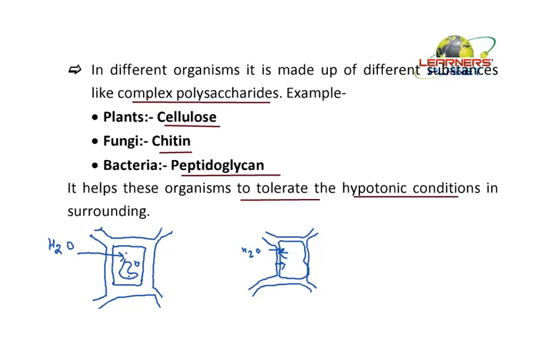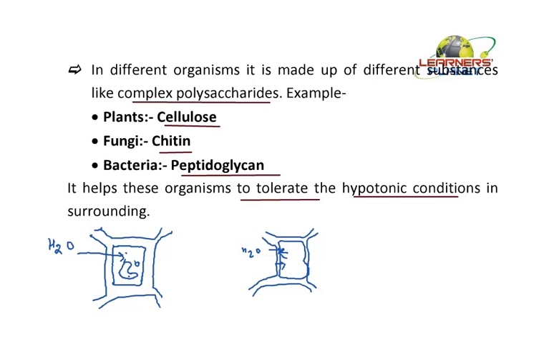A time will come when the plasma membrane is going to burst. It is flexible, it will keep on stretching, but a time will come when it cannot tolerate more stretching, and thereby it is going to burst. And of course, the inner cellular material will come out and the cell will die.